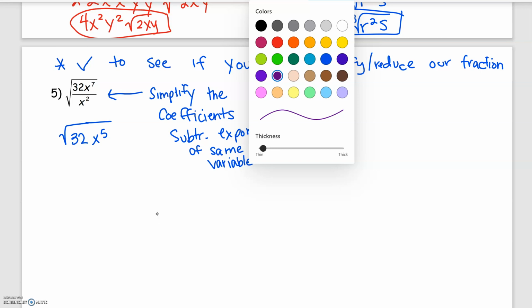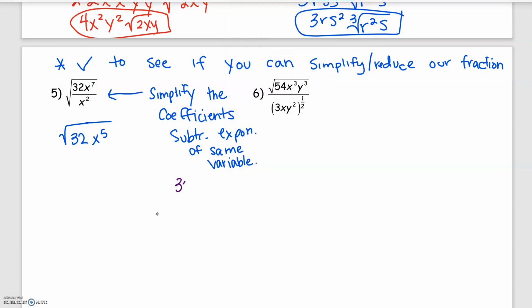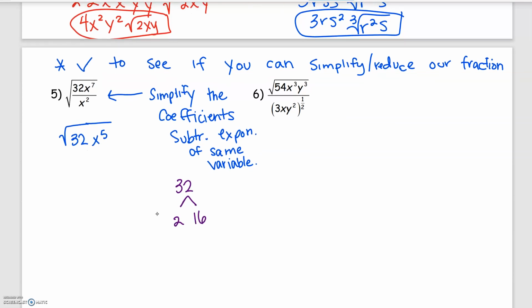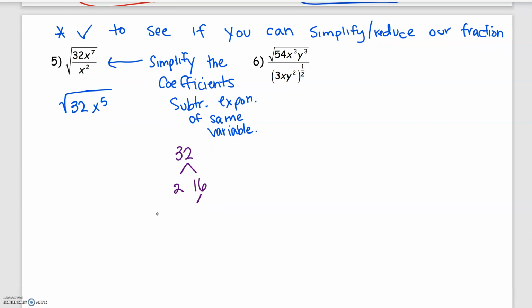Now 32 we can break down as 2 and 16. And 2 and 4. And 4 is 2 and 2. So we're looking for pairs. There's 1, there's 2 with a 2 left over. And so it is 2 squared, and a 2.